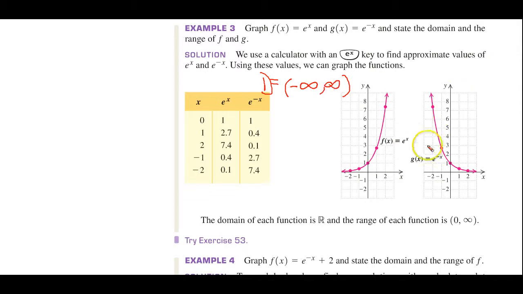That's for both of these. And for the range, here it's starting at, and notice it doesn't ever reach 0. That's for both of them. So it'll start at just above 0. That's why we have a parenthesis. And then it goes to positive infinity. Okay.